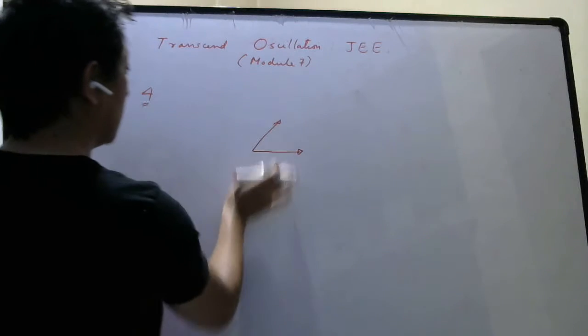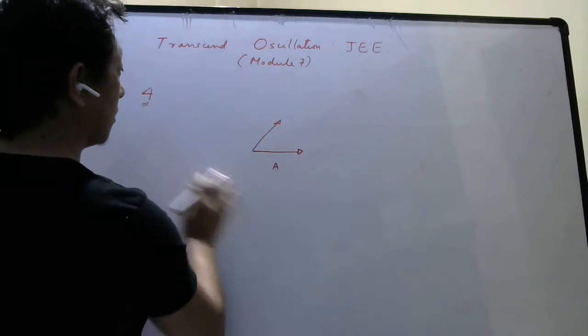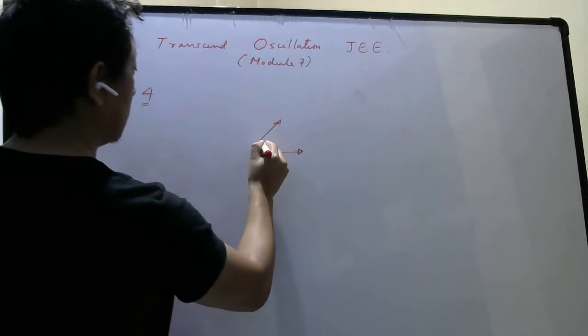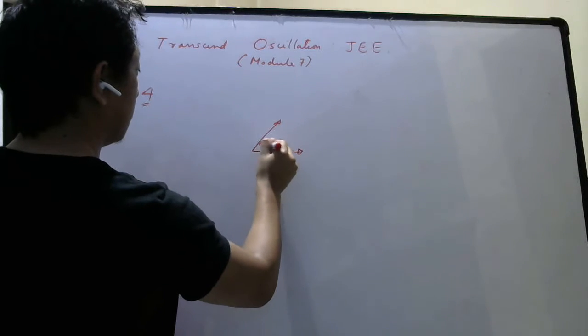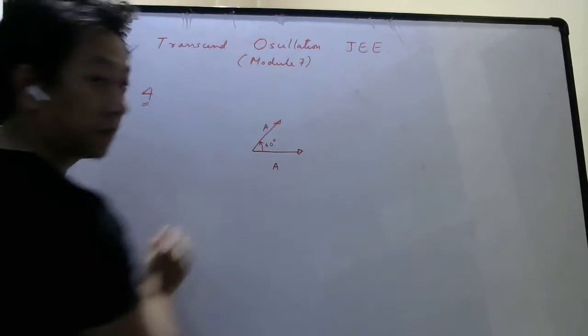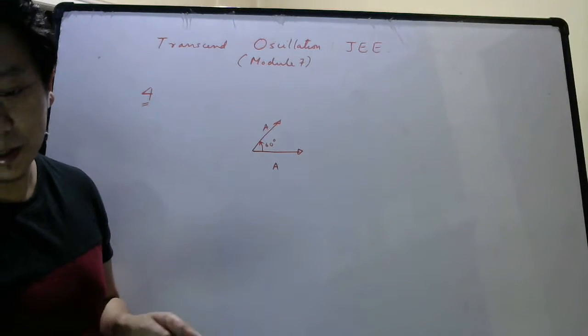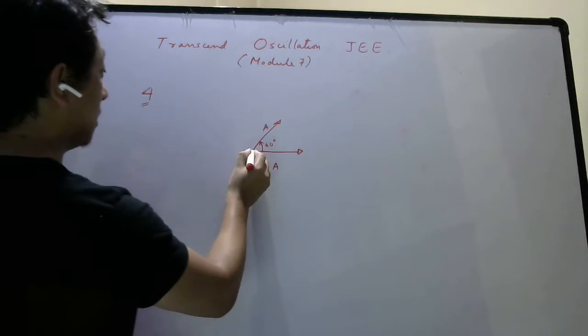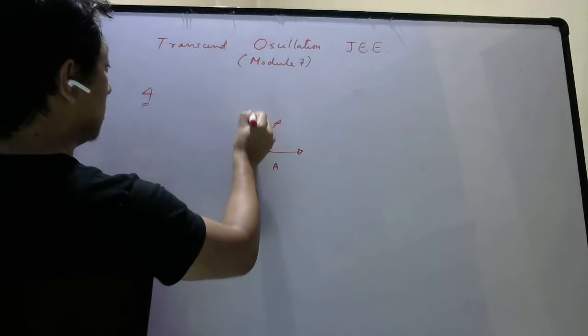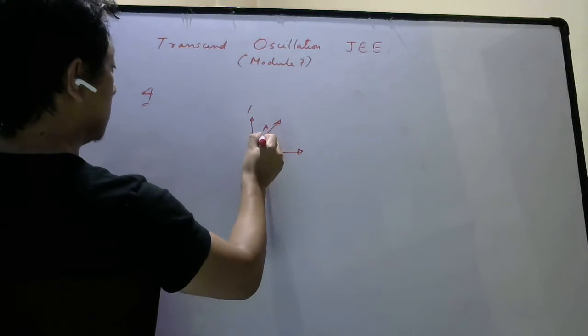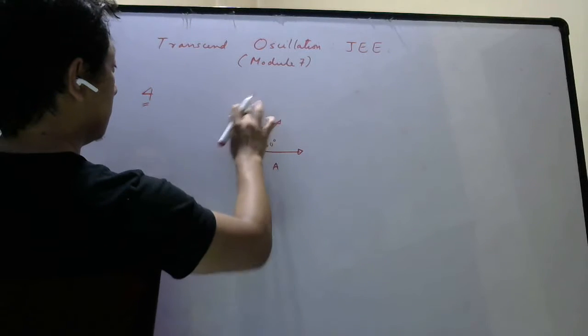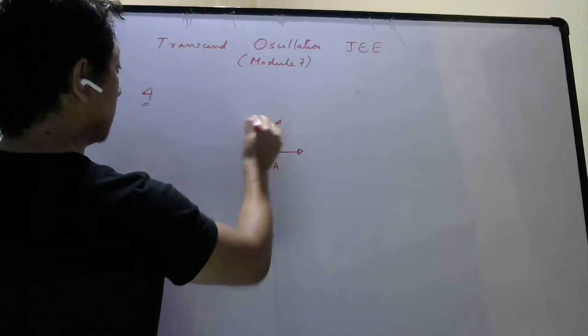Ahead means your angle should increase this way. So this is 60° ahead, and this is also A. And the third one is 30° ahead of the second. So the third one is here, which is 30° ahead.